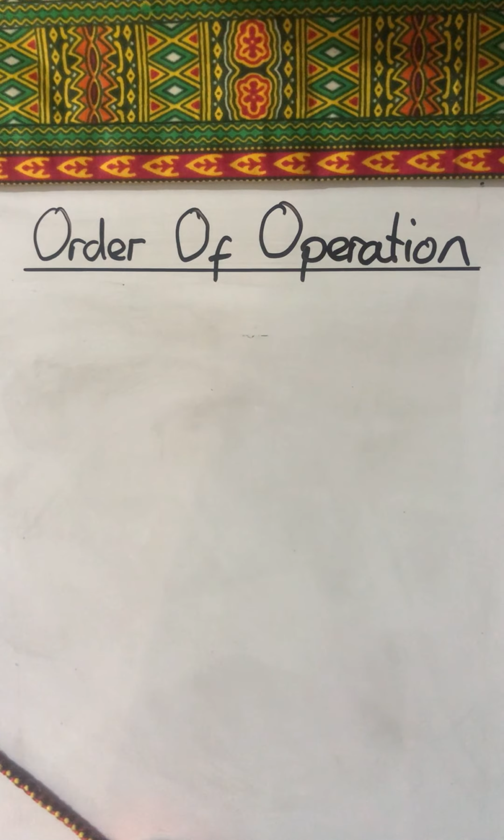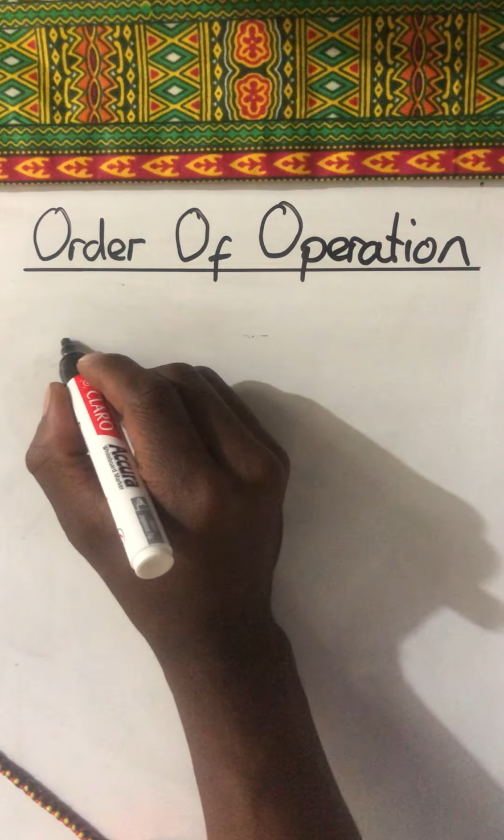Okay, right, so to start off, what is the order of operations? This is the order in which we do math operations. There are rules to follow when we're simplifying expressions. Let's look at this expression, for example.